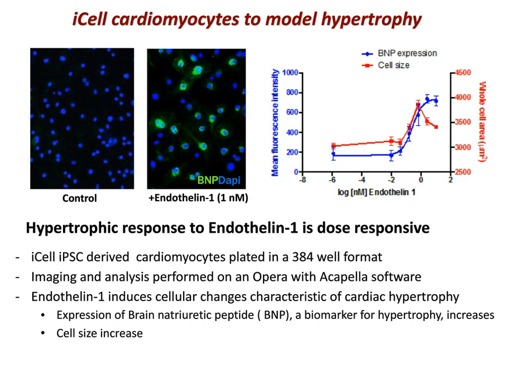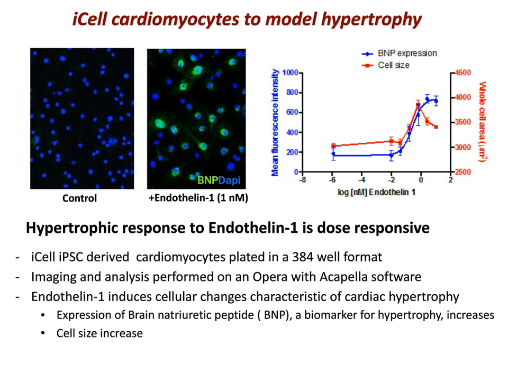We observed, as expected, that endothelin-1 induces cellular changes characteristic of cardiac hypertrophy in a dose-dependent manner, including increases in expression of brain natriuretic peptide, or BNP, a biomarker for hypertrophy, and corresponding increases in cell size. So this assay will be the basis of the screen on control cardiomyocytes that I'm going to discuss.